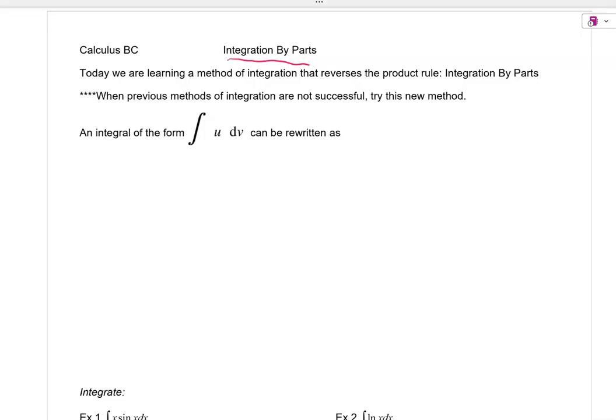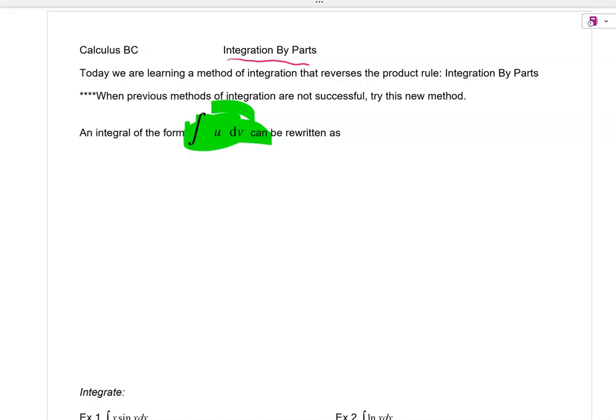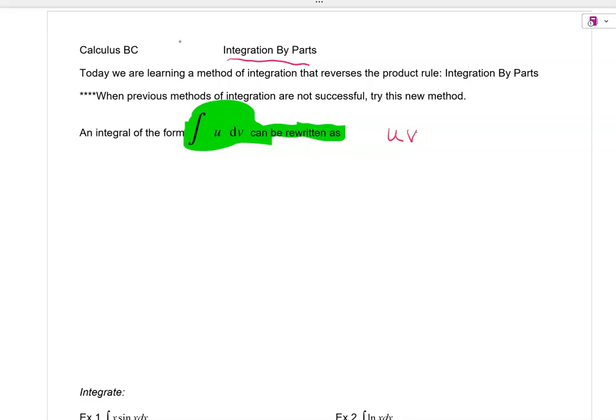And again, the idea is essentially this: an integral of this form. If you can envision an integral being broken up as a u component and a dv component, then you can rewrite it as uv minus the integral of v du.